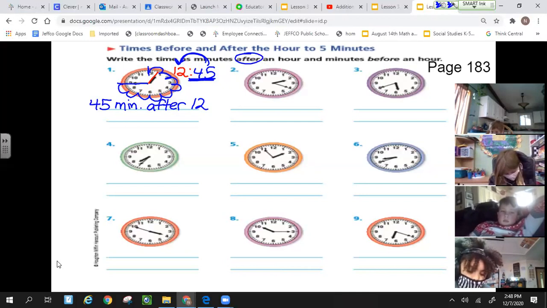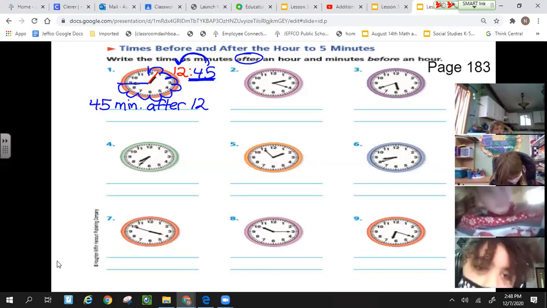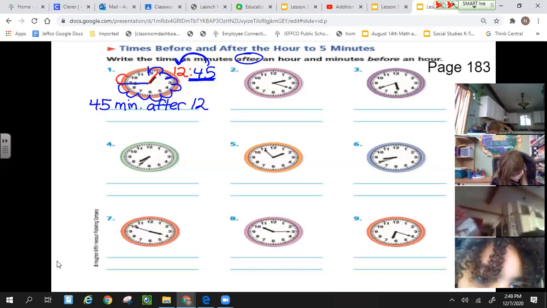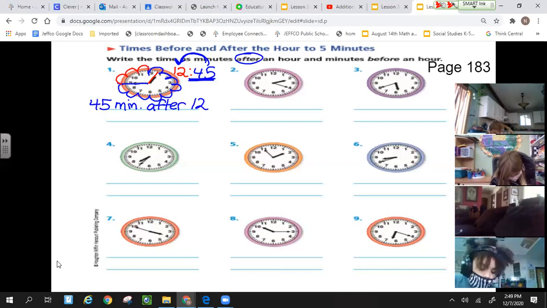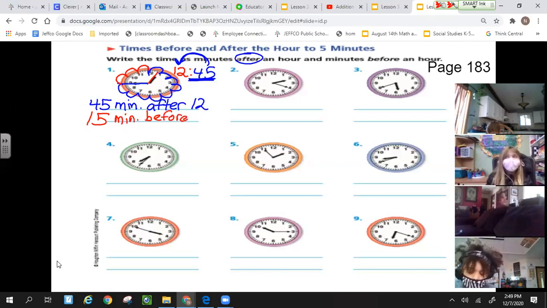Or I could write it as before. Now, to find the before, I have to find how many more minutes it is until the next hour. So I'm going to count 5, 10, 15. There are 15 minutes before, and it can't be 12.